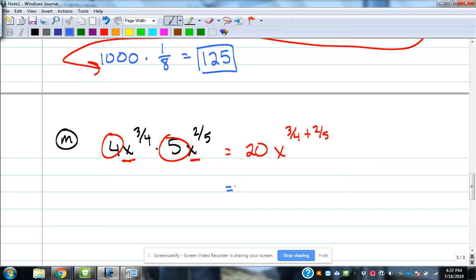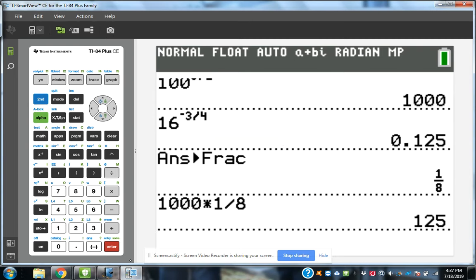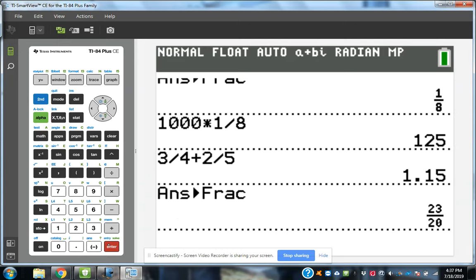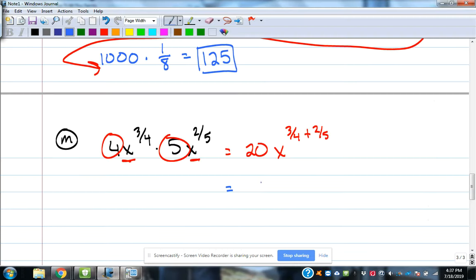You could get a common denominator with those and work that out, but I don't see any need in working that out that way. You got a calculator that can add 3/4 plus 2/5. And then I'm going to hit math, enter, and get that fraction exponent is 23 over 20.